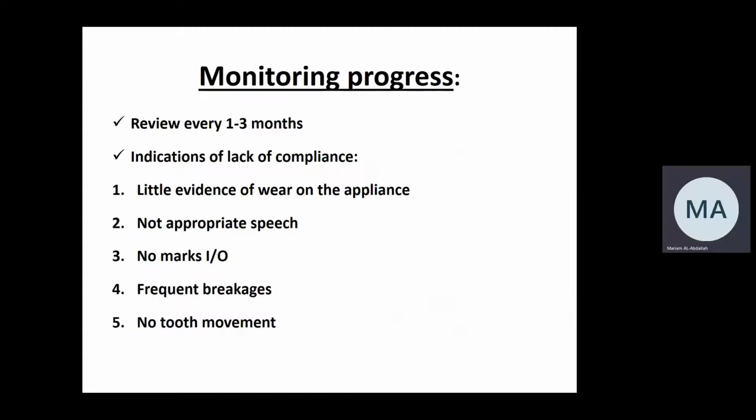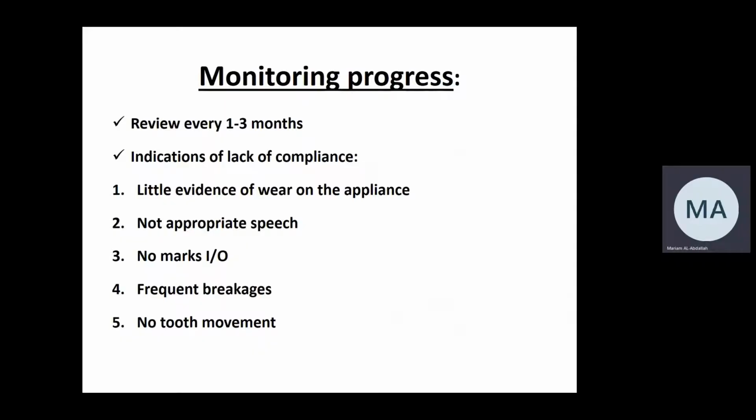Now, when the patient comes back to his review clinic, I can tell if the patient is actually not wearing his appliance. I check the appliance and I find little evidence of wear. If I ask the patient how he's been doing, how is the appliance, and he's talking without proper pronunciation, not proper speech, that means the appliance was not inside his mouth properly.